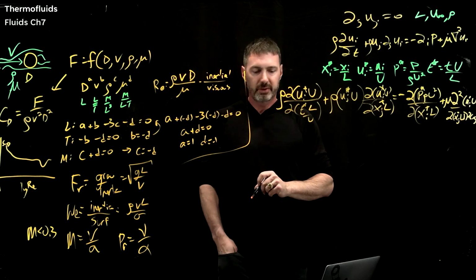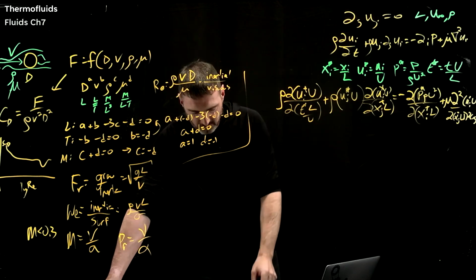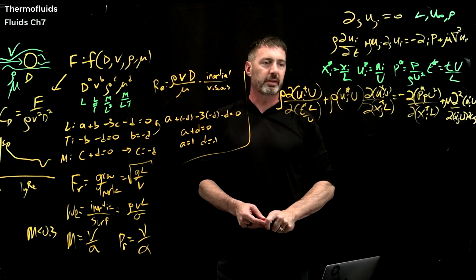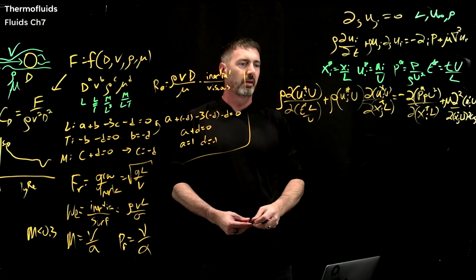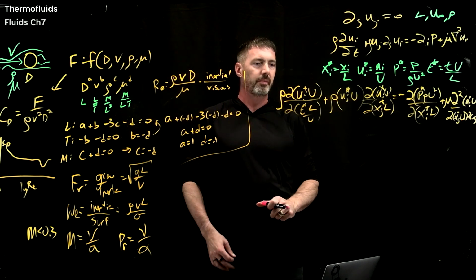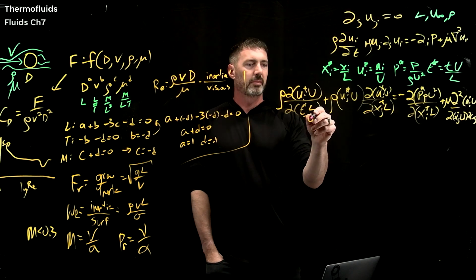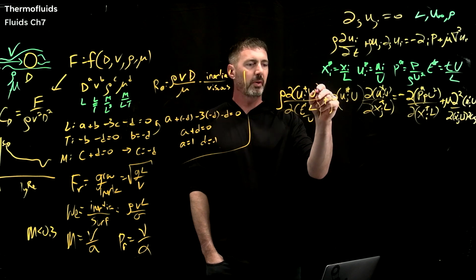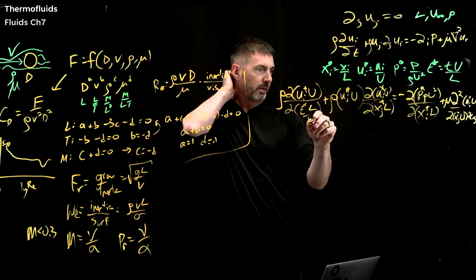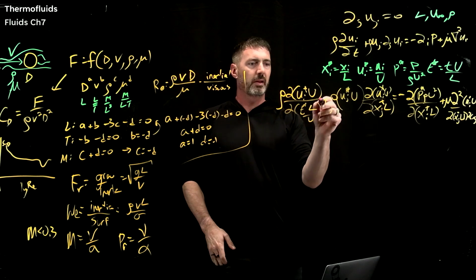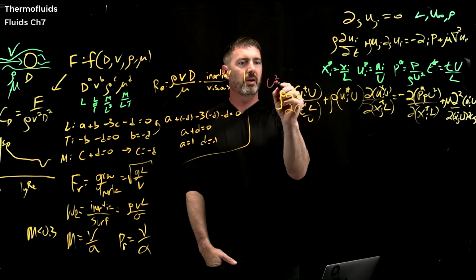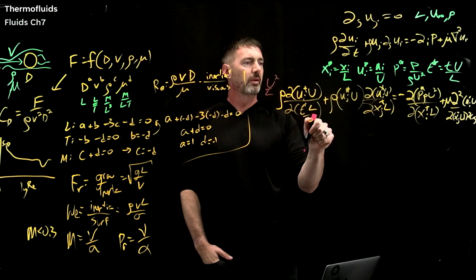Okay, so now you collapse all the terms. In fact, I'll hop over to red here to collapse the terms. If you take a look at this, you get a u squared over L out of this term.